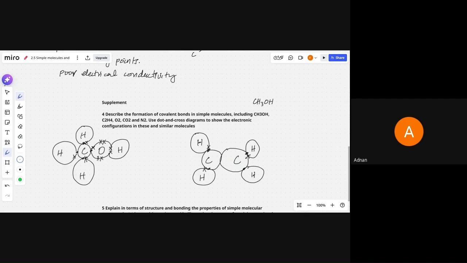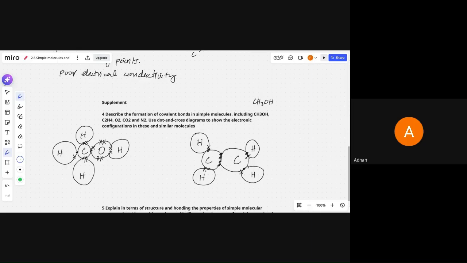Now what do you think, is the octet of carbon complete? One, two, three, four. Each carbon atom still needs four more electrons, because we only have four in the outer shell, right? So the remaining electrons, two from each, will be shared between these carbon atoms: one, two, three, and four.